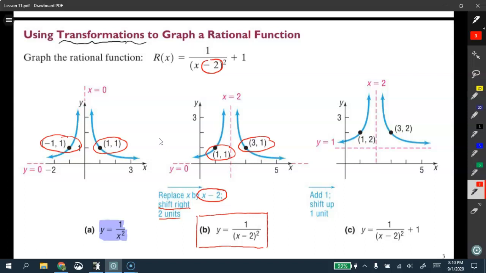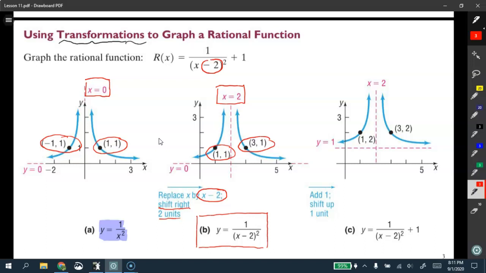So that's one thing to keep track of. Another thing to keep track of is to realize that the x equals 0 is now x equals 2. All right, so that's often missed by students. They forget to keep looking at that piece as well. But essentially, you have to focus on both parts, right? So that x equals 0 becomes an x equals 2.